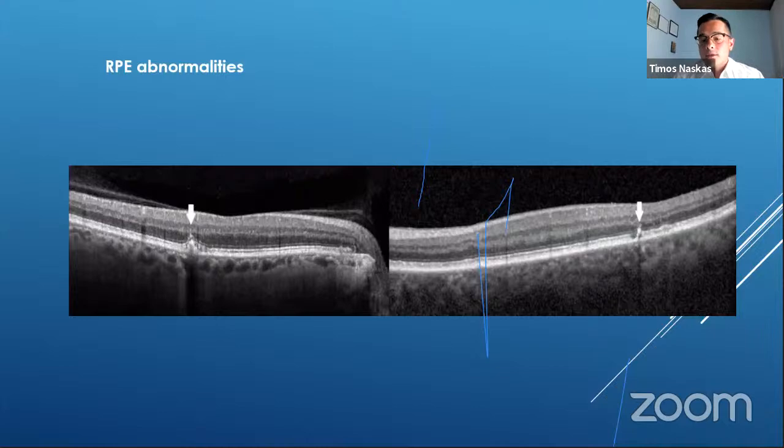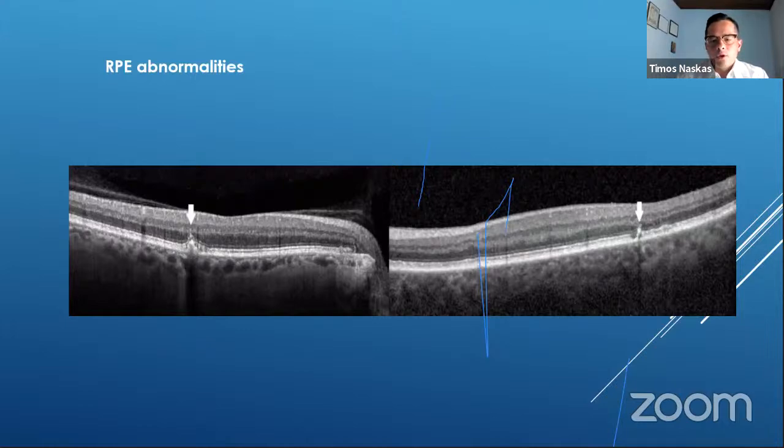So I gave this broad term, RPE abnormalities, and included this as a specific phenotype. This was also translated into a group within the grading scheme later. In most cases, what was found is just this hyperreflective material getting separated from the RPE layer and traveling towards the inner retina.